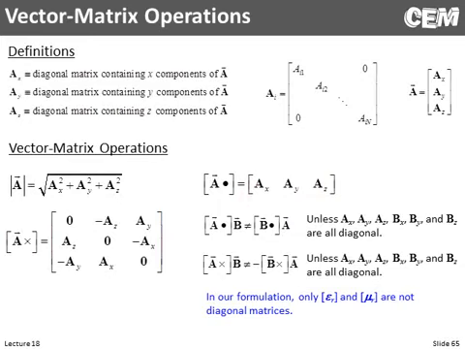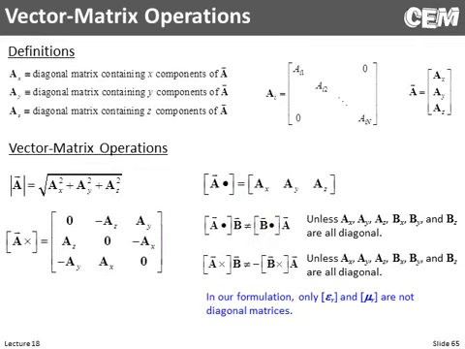From standard vector calculus, we remember that A dot B equals B dot A. However, that is not necessarily the case when we're doing dot products with this vector matrix notation. The only time this holds is when all the components of the matrices A and B are diagonal. Then we can reverse the order, but otherwise we can't do this.